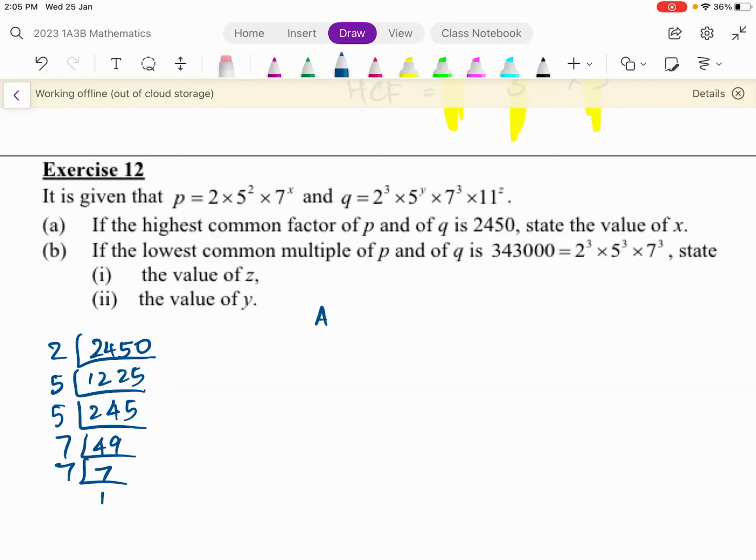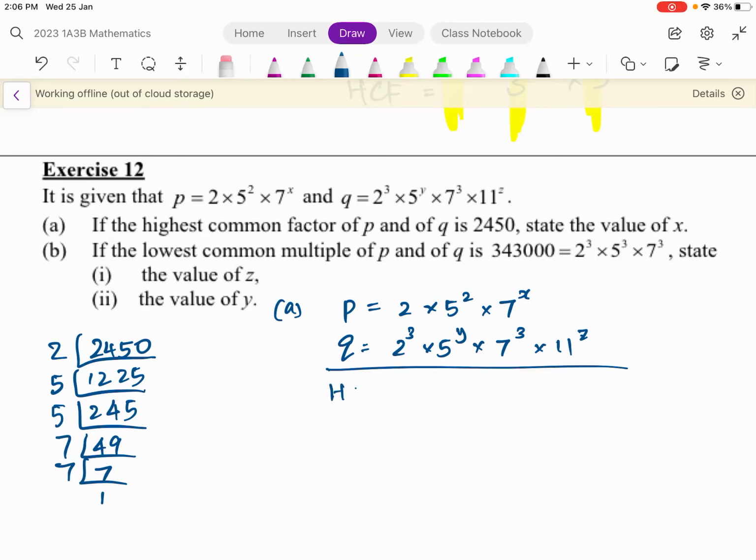So P and Q. P is 2, 5 square, 7 power X. Q is my 2 power 3, 5 power Y, 7 power 3, and 11 power Z. My HCF ends up being 2 times 5 square times 7 square.